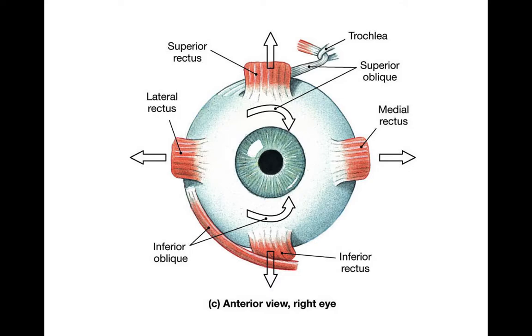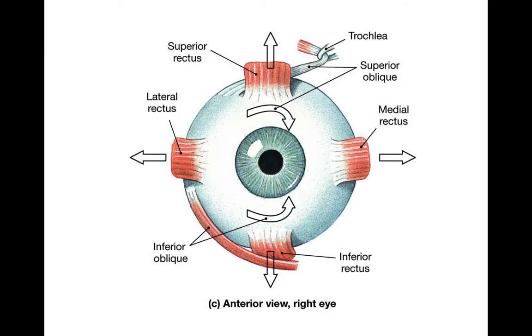It has 6 muscles connected to it that allows for very, very precise movement. Okay, we have our 4 rectus muscles, which are straight. We have our 2 obliques, which are at an angle, and that allows your eye to move very precisely to look at whatever object that it is that you want to see.